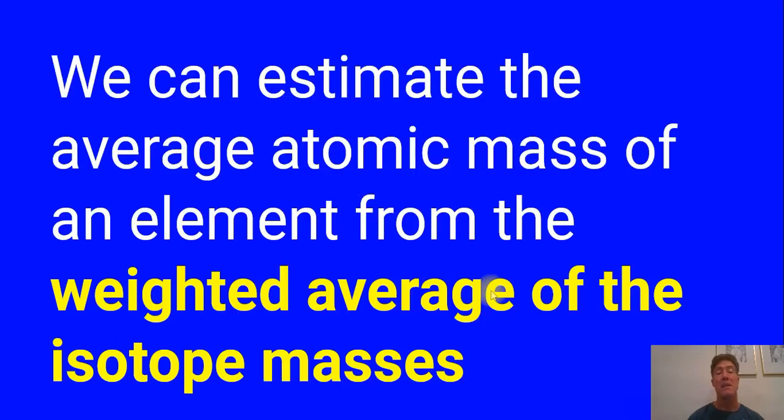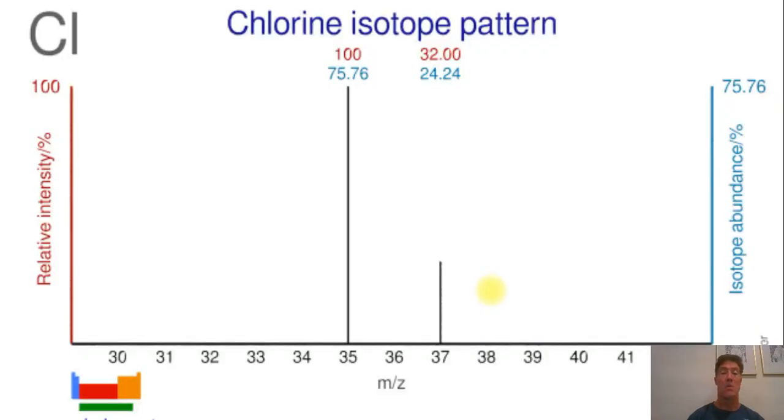So we can estimate the average atomic mass of an element from the weighted average of the isotope masses. So if we know, for example, from our spectrum of chlorine, that about 75% of chlorine is chlorine 35, and 25% or so is chlorine 37, we can find the weighted average.